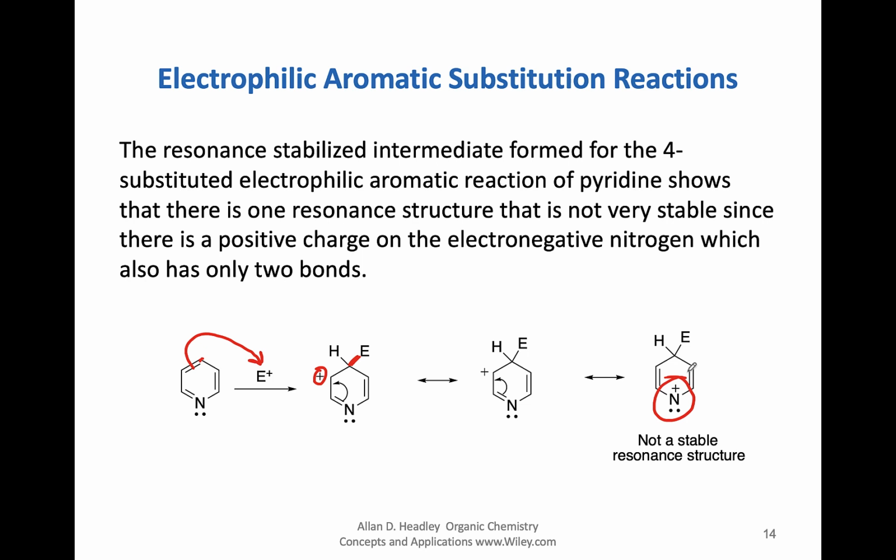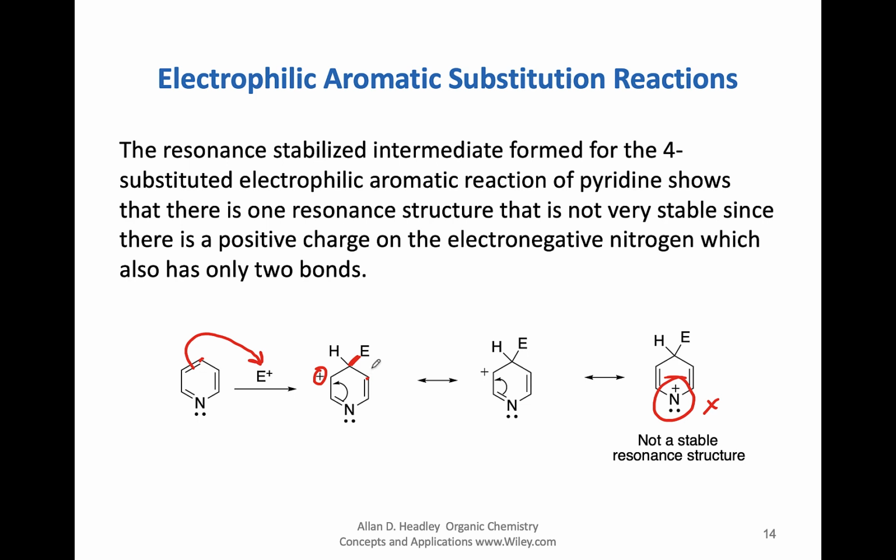That means we're putting a positive charge on a very electronegative nitrogen, and this nitrogen has a pair of electrons, and it also has 2 bonds to it. So it's not very stable. At least it's not as stable as putting it where it was shown in the previous slide.